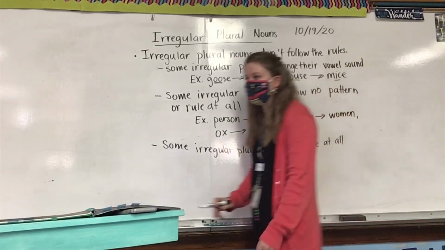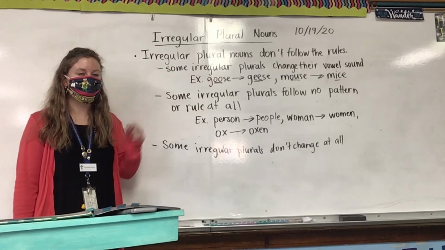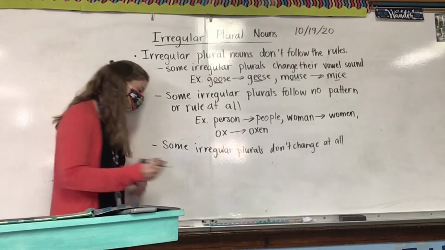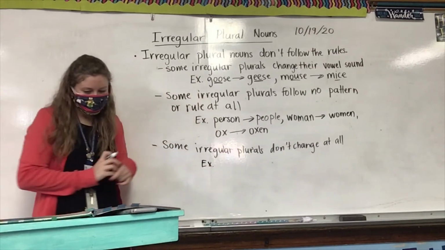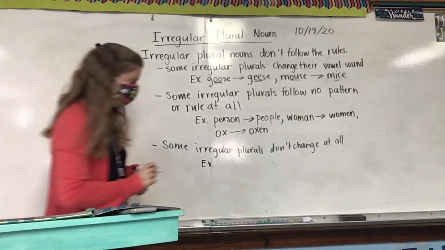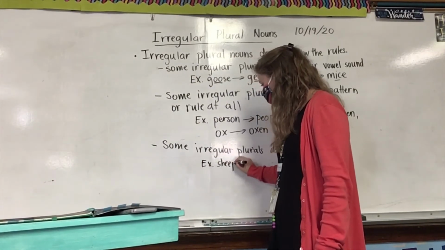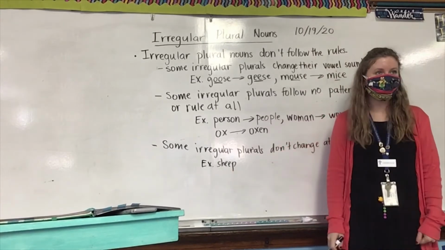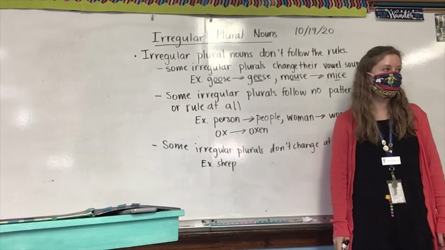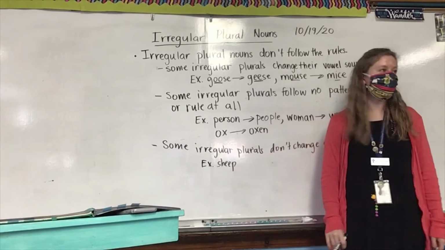That means there is no change. You have to look somewhere else in the sentence to figure out, is that word plural or is it singular? For example, sheep. Whether you're talking about 1 sheep or 10 sheep, the word stays the same. We don't say sheeps. We say 1 sheep, 10 sheep.